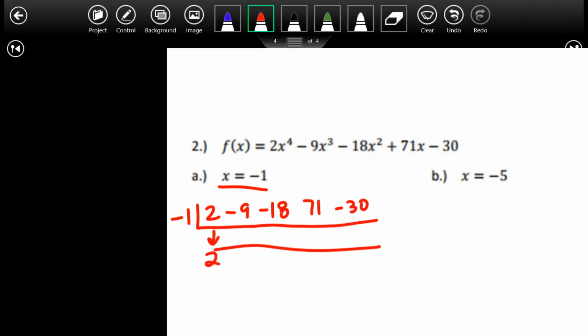2 here, -2, -11, 11, 7, -7, 66, -66. Did I make a boo-boo?